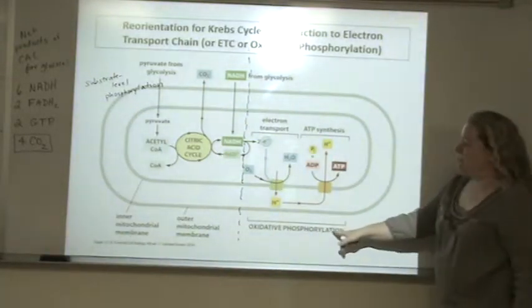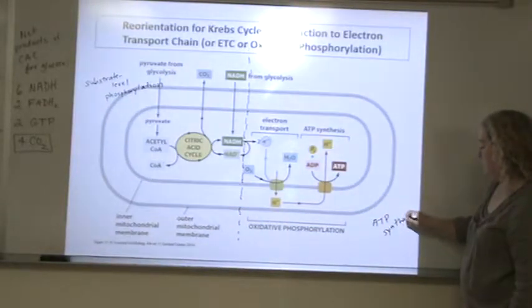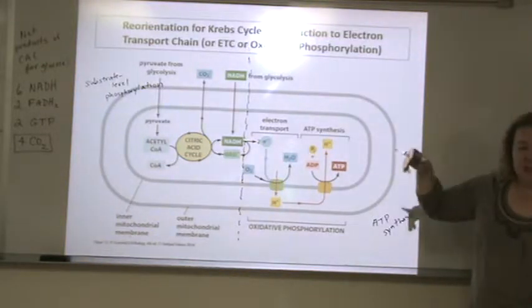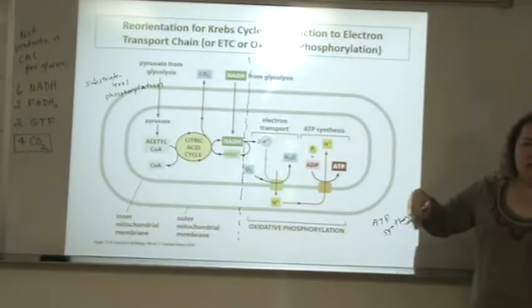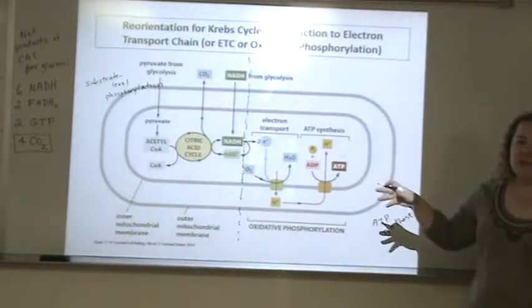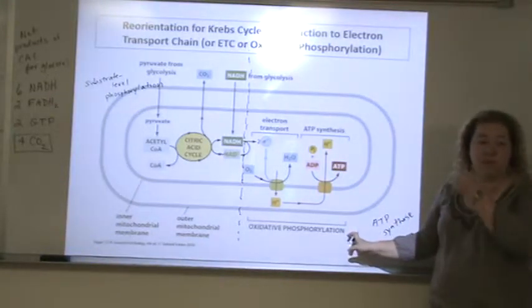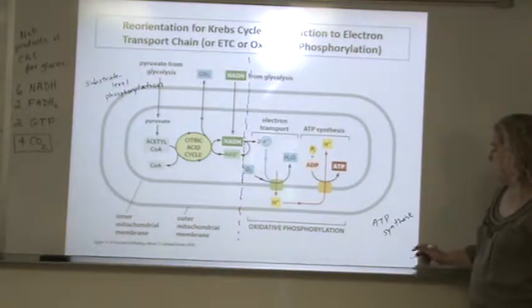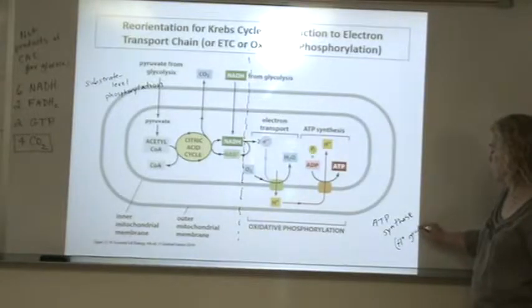Things that are made through oxidative phosphorylation, that's using ATP synthase. So that spinning turbine-looking protein that lets protons flow through and it magically turns that energy into ATP, that's oxidative phosphorylation. And it's driven by proton gradients, really.